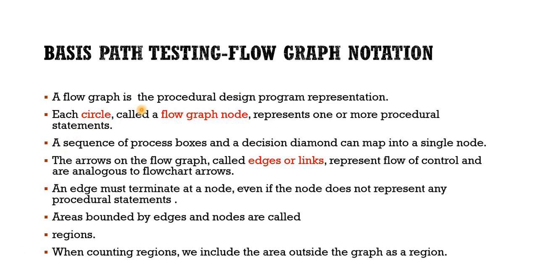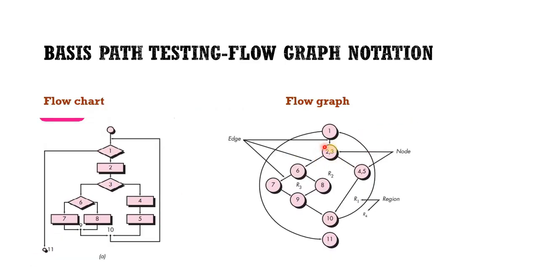A flow graph is a representation of control flow. Each circle inside the flow graph is called a node, which represents one or two statements. You see here each and every circle is called a flow graph node.